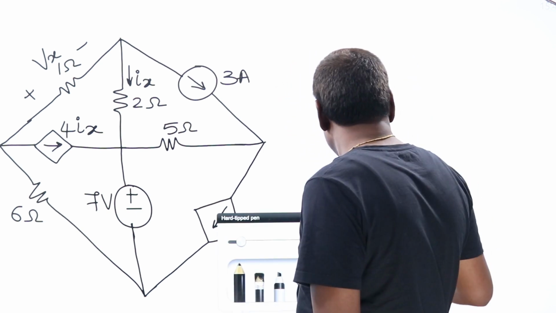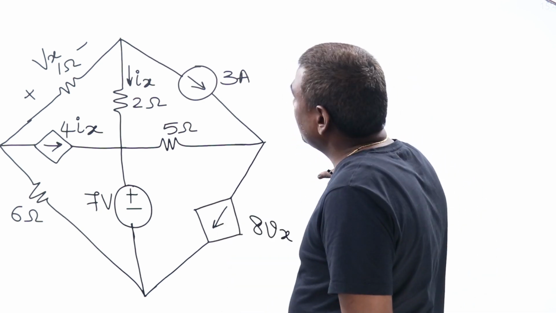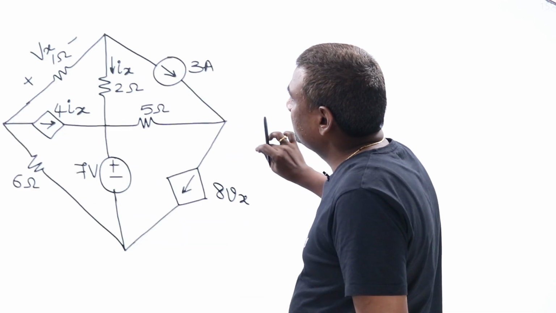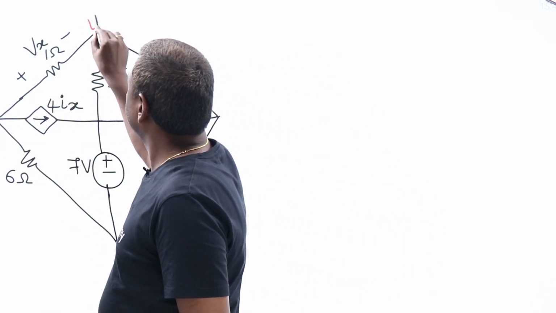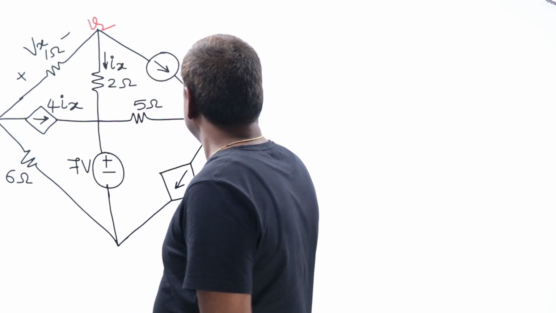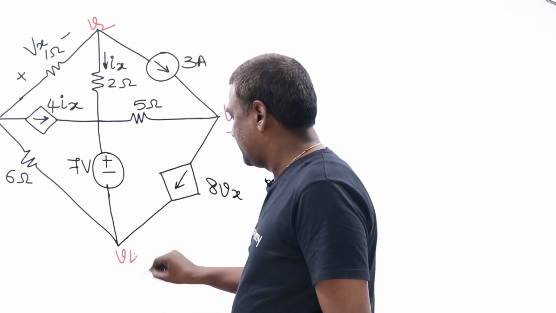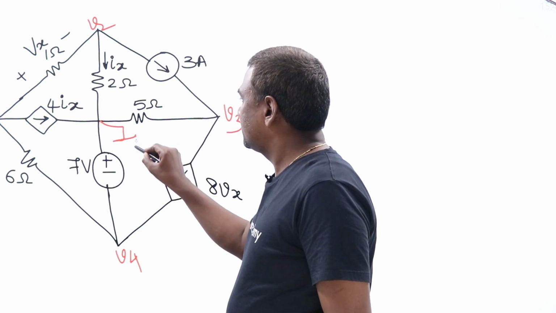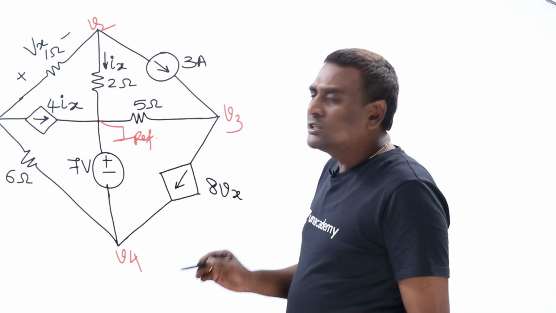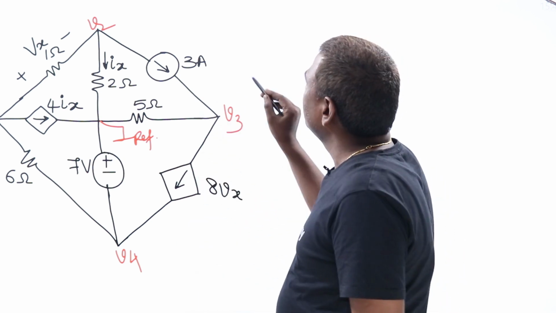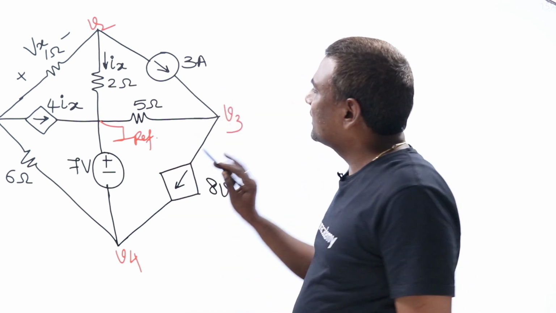But randomly, without having much discussion, let me write. Here we have taken these as V1, V2, V3, V4, and this is the reference node. Now just to get habituation, maybe I'll write the first node or second node, and after that I'll stop.